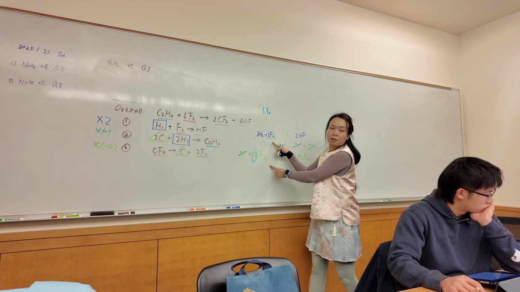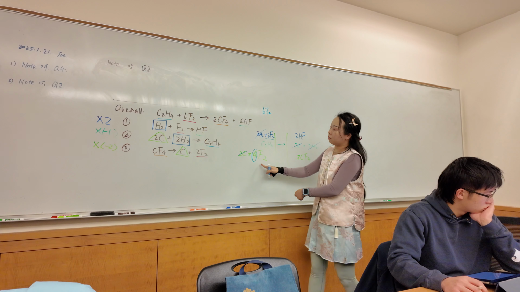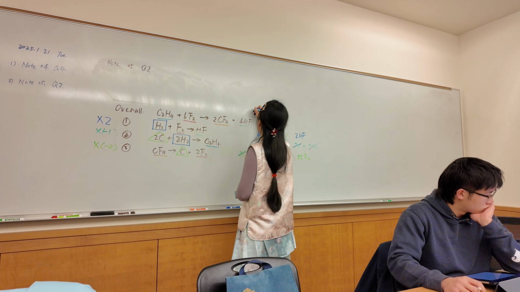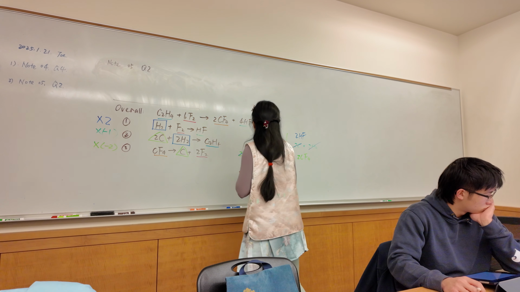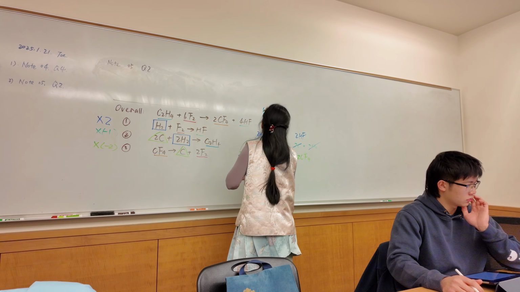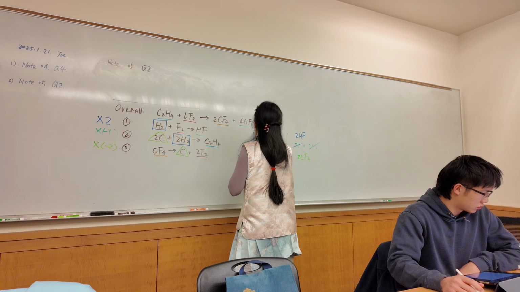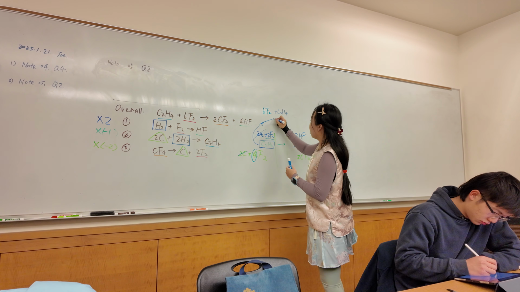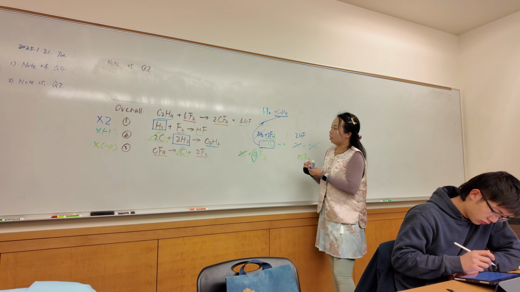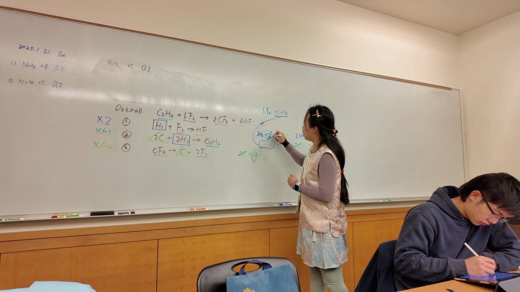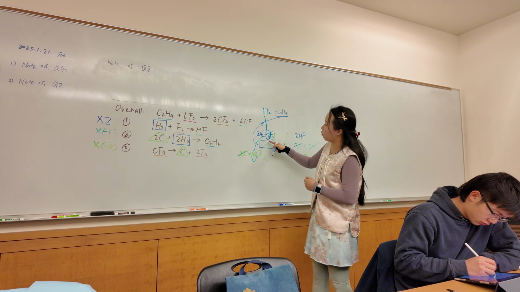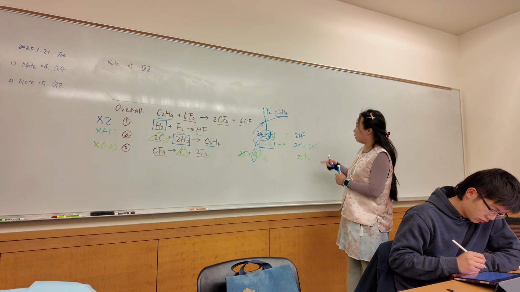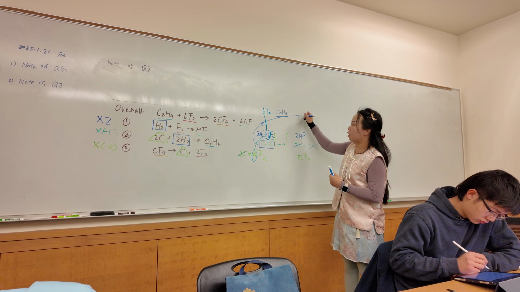This one and this one: 2F2 and 4F2, so that's 6F2. Okay, C2H4, we'll just put them here. It might be more messy, but I want to show 6 came from 2 and 4. C2H4 is here. And on the other side, what else do we have?